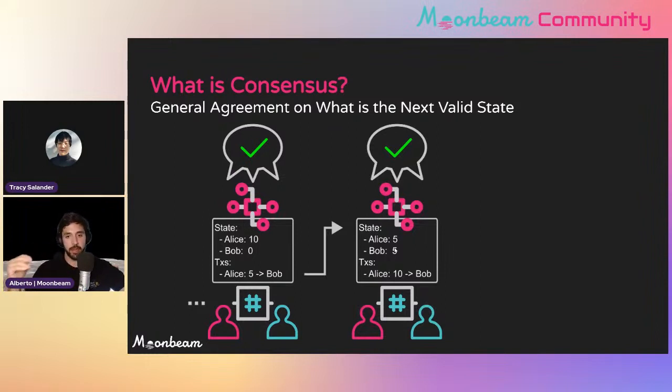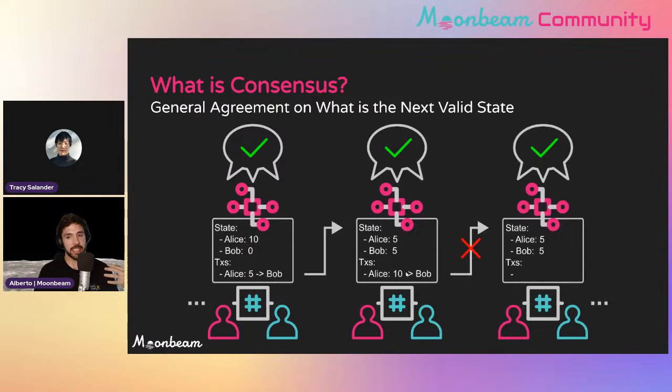Okay. Because I don't trust anyone in the network. They don't need to trust me. But we can come to agreement on what is the next valid state. But then let's say that Alice now sends 10 tokens to Bob, right? Interestingly, if there's a malicious person in the network, the person can say, I know Alice, she's my friend. I'm going to actually try to create a block in which the state is now invalid, okay? So actually, sorry, I know Bob.